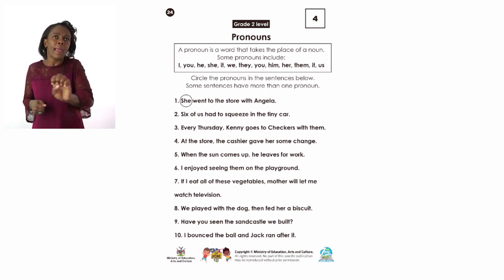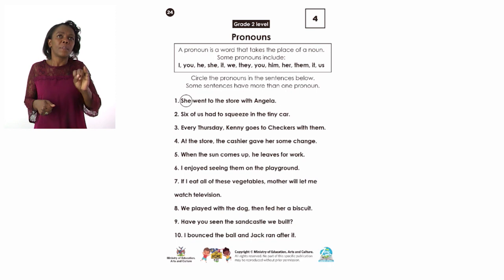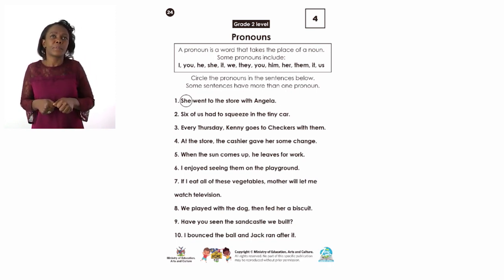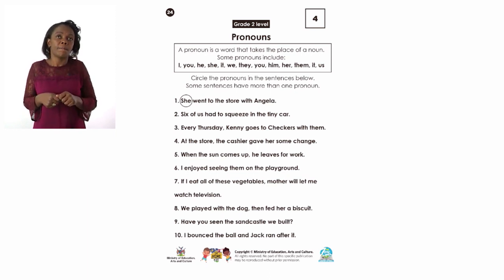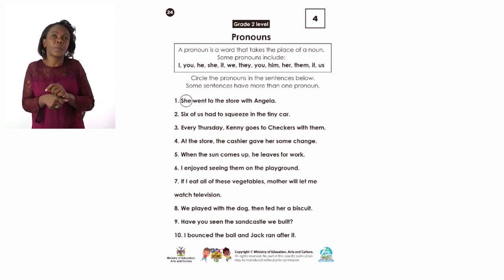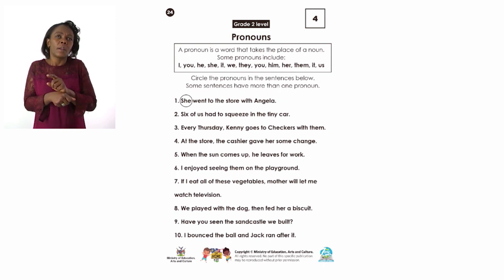Those are the pronouns that we are going to replace today. Now, we are going to have an exercise. You have to circle for me all the pronouns in every sentence. Now, the first one is done for you. I'm going to do the second one for you, and the rest you can try at home, and I'm going to check you tomorrow.